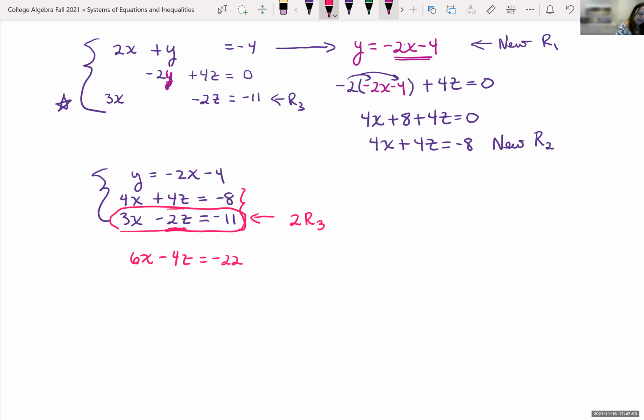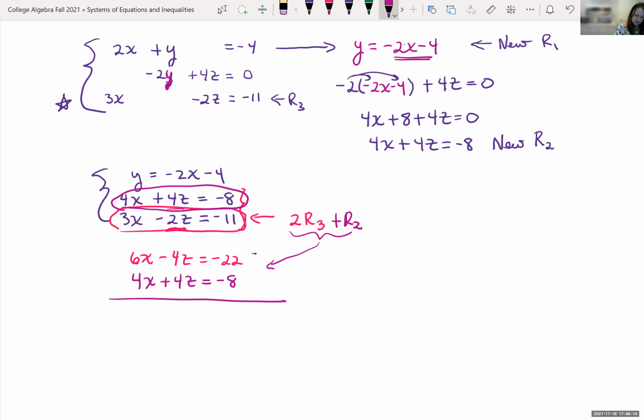And I want to add this to my row 2. So let's put our row 2 below that. So we have 4x + 4z = -8. So if we sum these two rows, we would get back 6x + 4x is 10x.